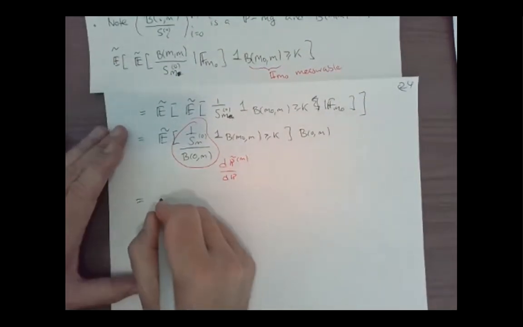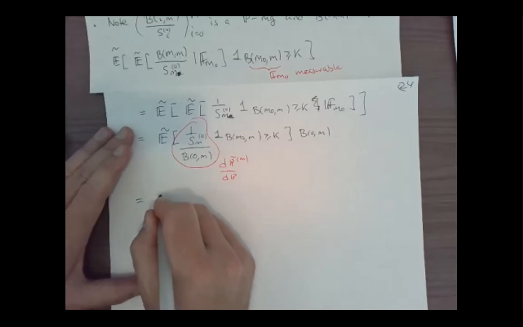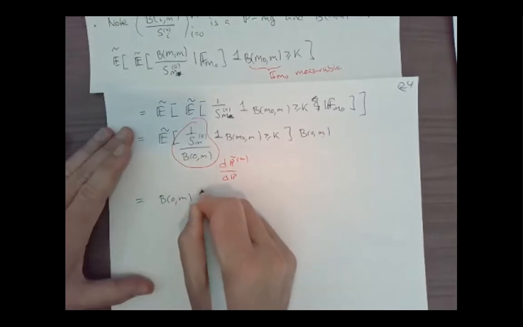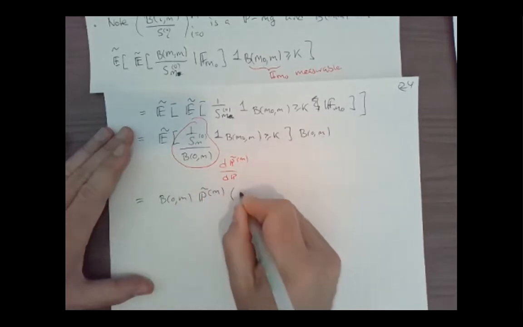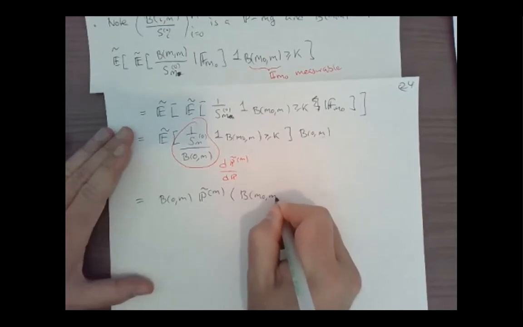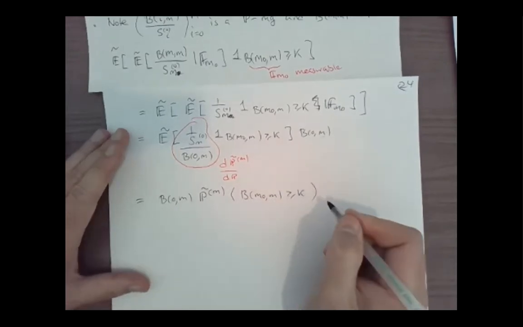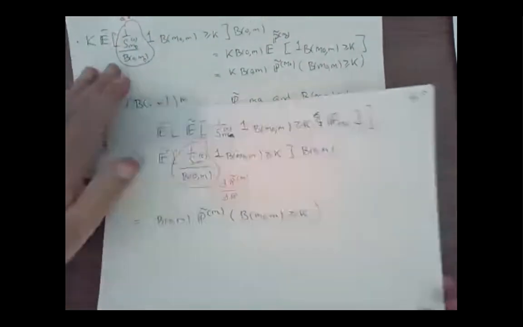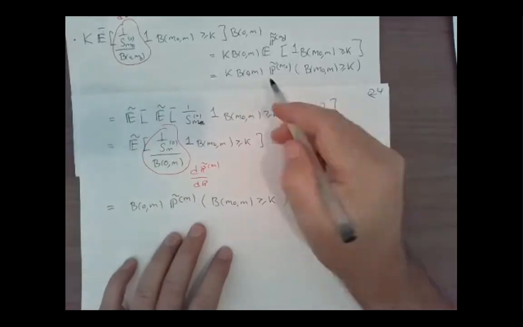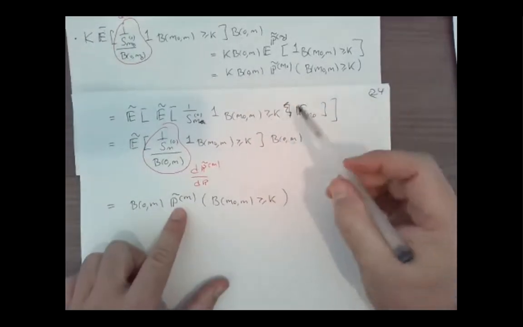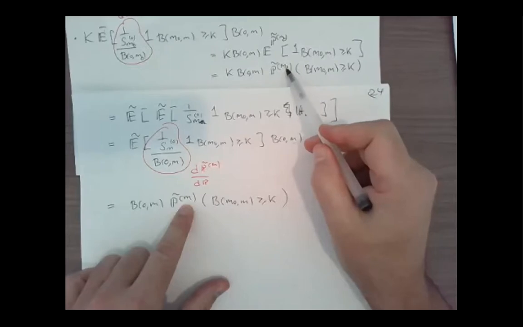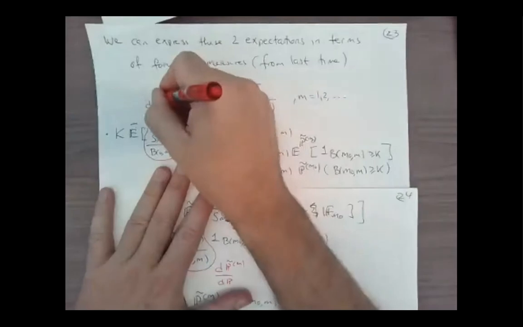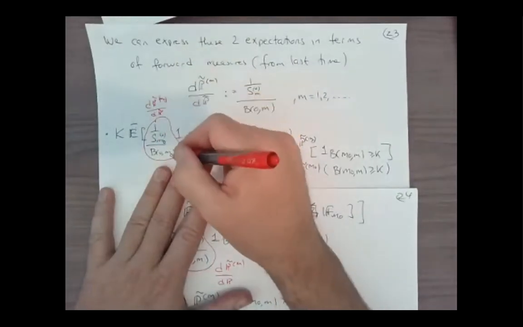And so as before, we're going to get that this is B_0(M) times P tilde M of being in the money. So now we have the two expressions, this one and this one. We should just note that we are working on two different measures. This is M0, and this is M. This 0 up here comes from that 0 down there.